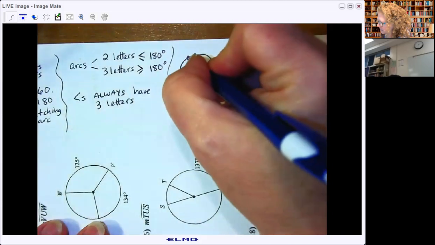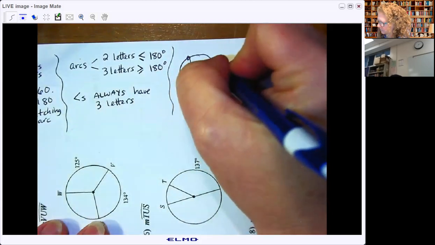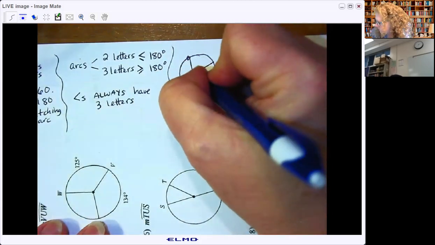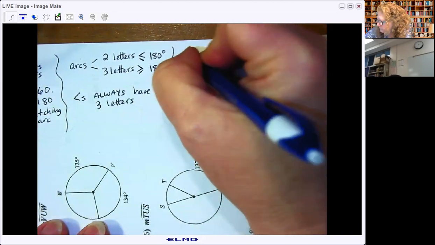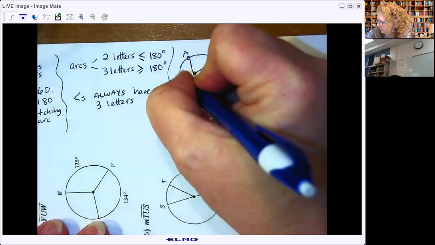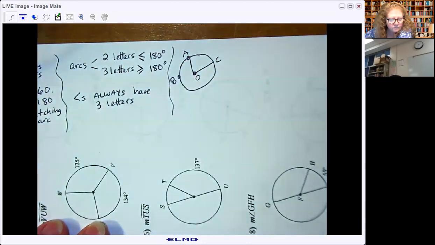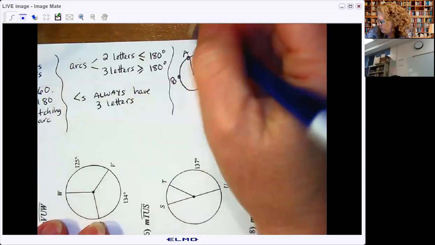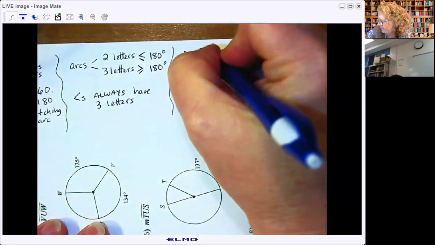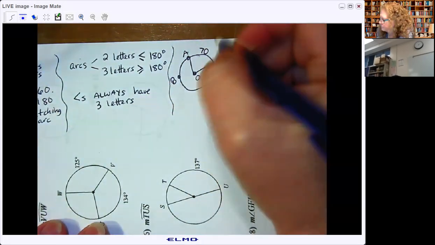We'll call this A. That was supposed to be the center, sorry. O, C, this can be B. And I'm going to tell you that arc AC is 70.